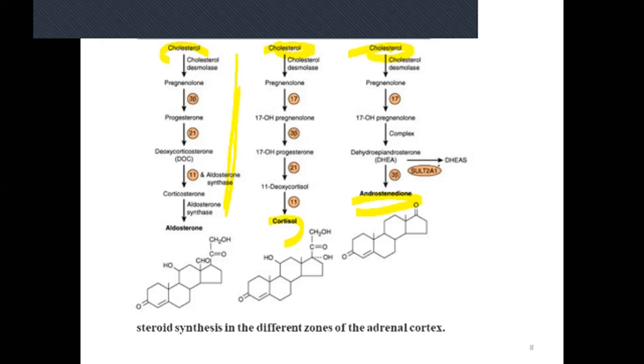Currently, we have several drugs that can inhibit several pathways in the synthesis of adrenal hormones when the level is significantly elevated. We have a drug specifically to inhibit this portion so that cortisol will not be produced in case of Cushing syndrome. Okay, I'm not going into detail about this one, it's just to show you cholesterol is the primary precursor for all adrenal hormones.